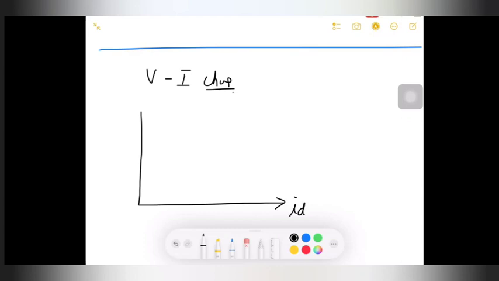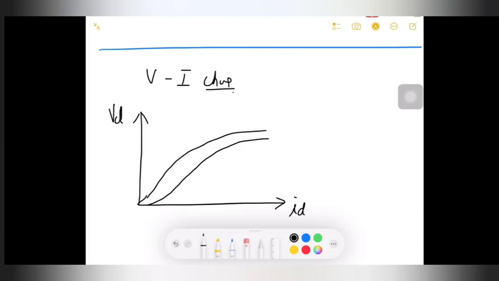I'll explain what ID means here. And on the y-axis we have VD. There are two graphs.